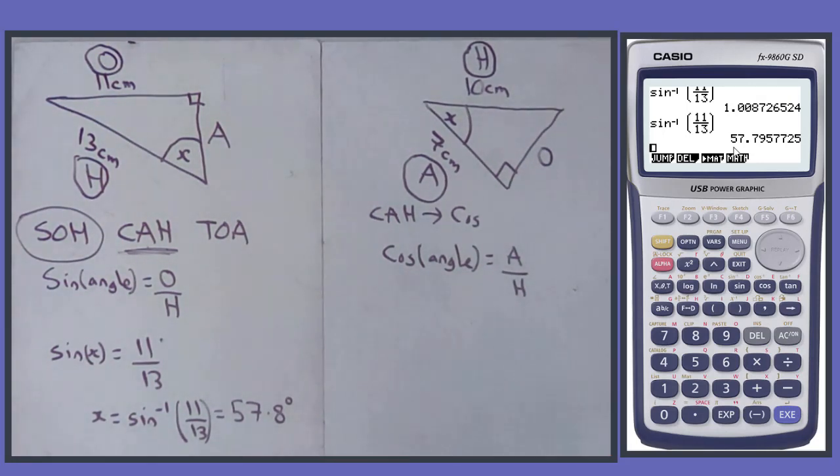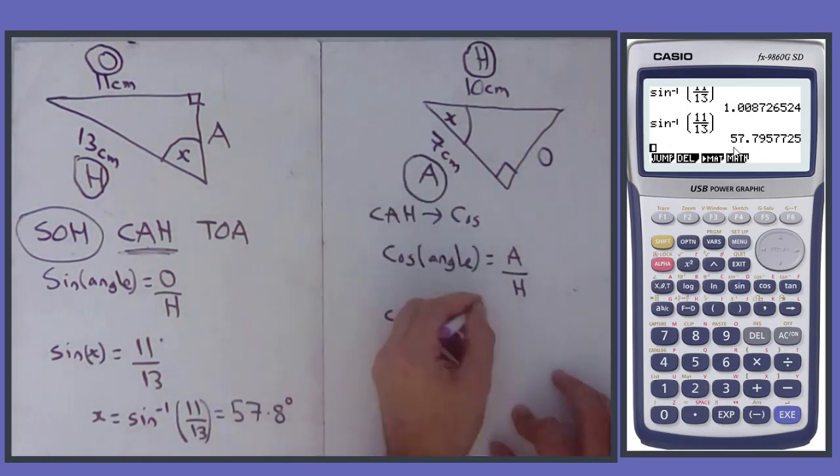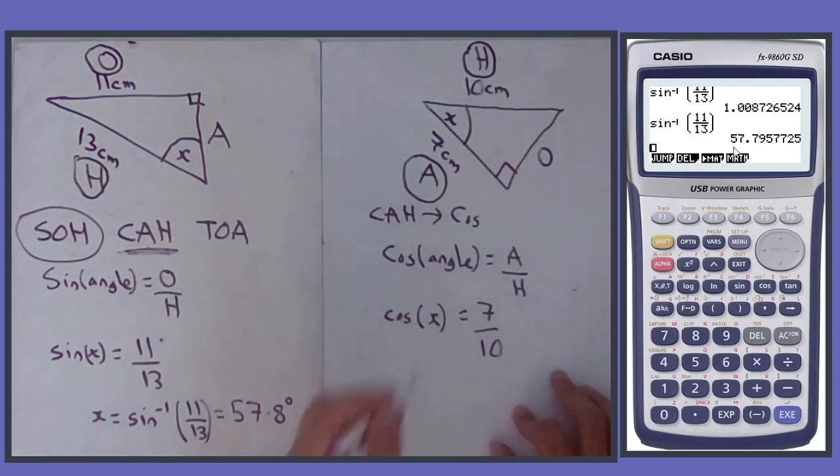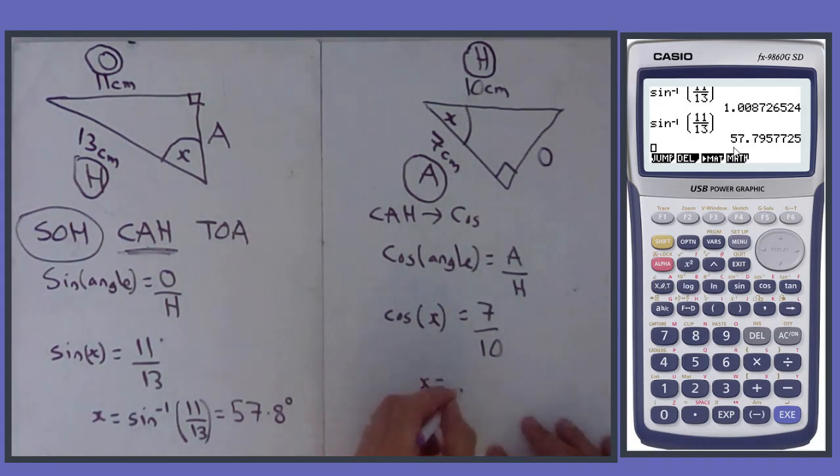So now I can rewrite this equation using actual specifics. So cos x equals A, the A is 7, over H, H is 10. Okay, so we get to there, and now we're going to need the inverse function. Remember, to find an angle, use your inverse, shift cos. So it's going to be x equals inverse cos of 7 over 10.